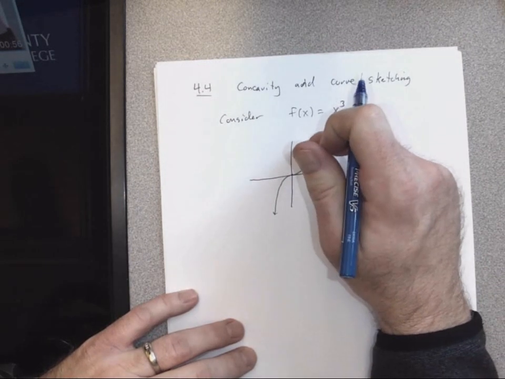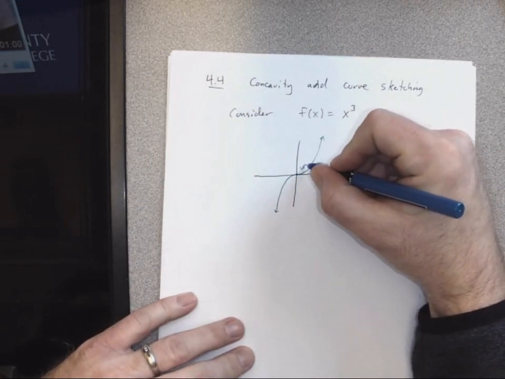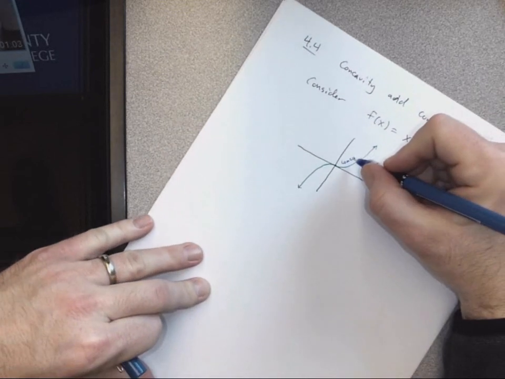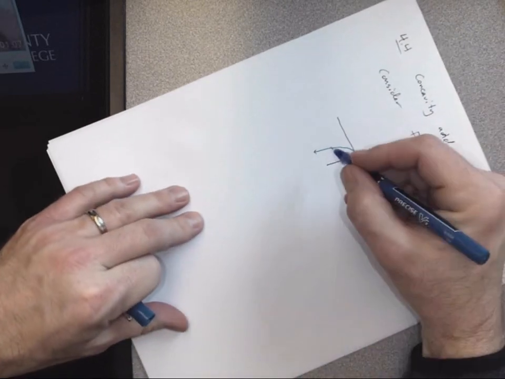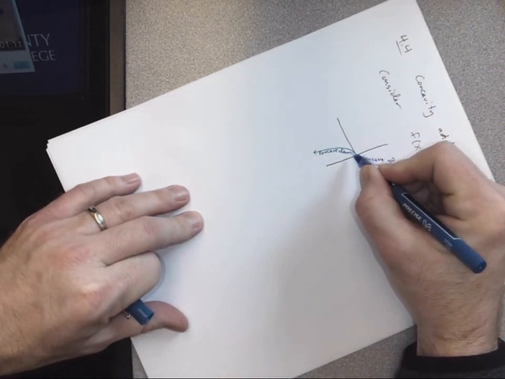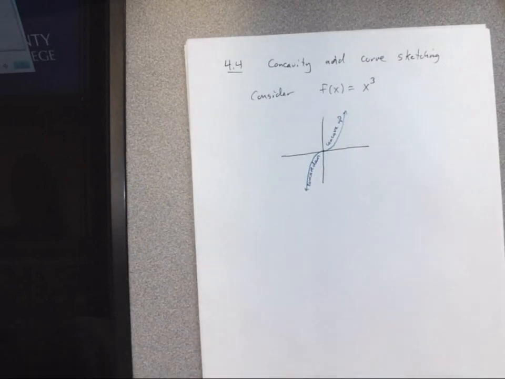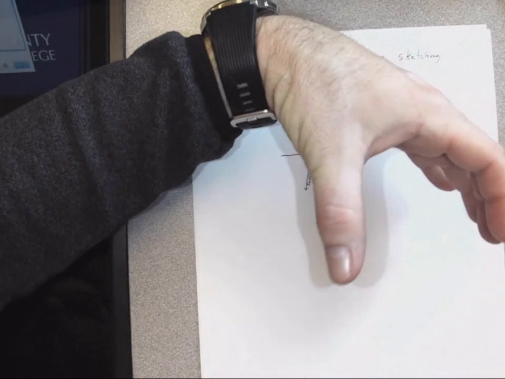This part right here would be concave up, and over here this one would be concave down. Concave up looks like a U, like this. Concave down would be like this, okay?